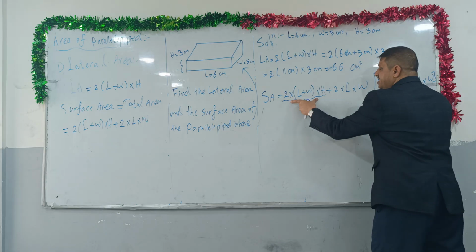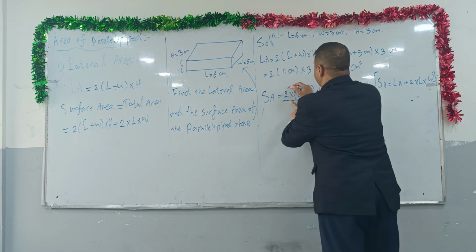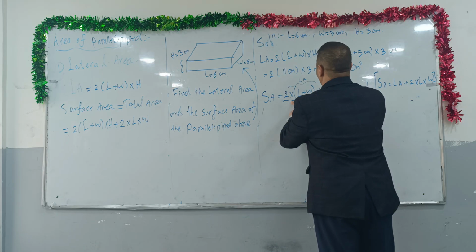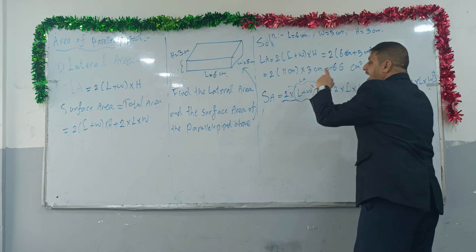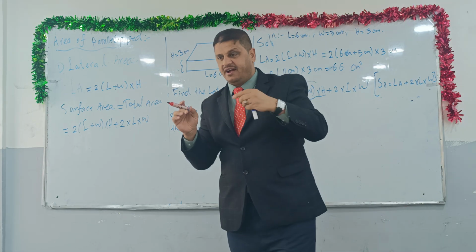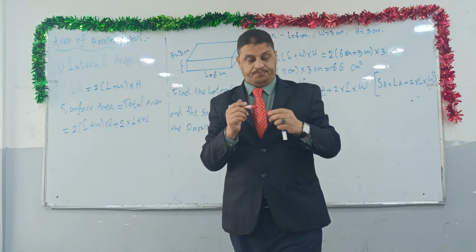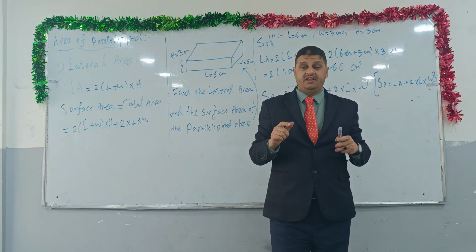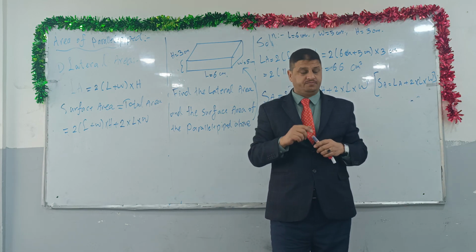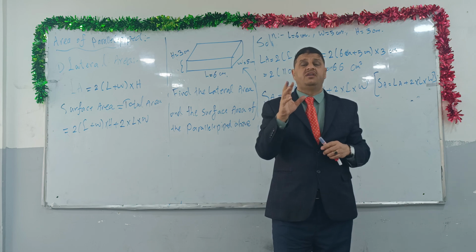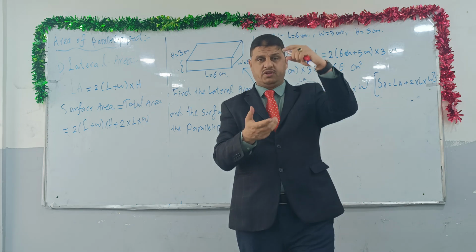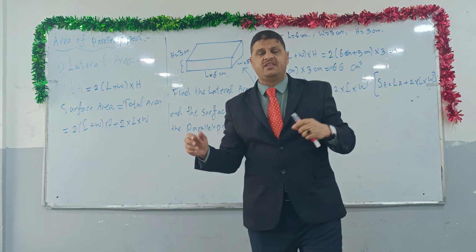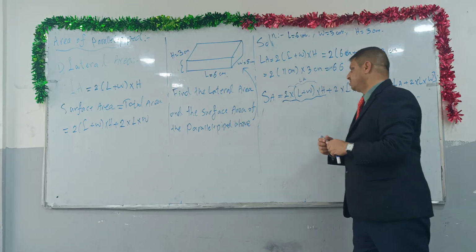This quantity represents the lateral area. Here is the law, and again I repeat, the surface area equals the lateral area plus the area of two bases.